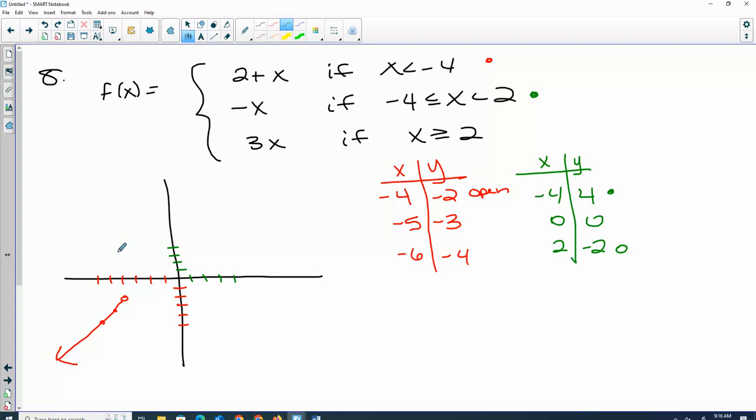So, -4. And we have to check. We can't have 2 closed circles in a spot because it's vertical line test, so we're okay. 0, 0, 2, -2 is open. Because this had a stopping point on both ends, it's just a segment.